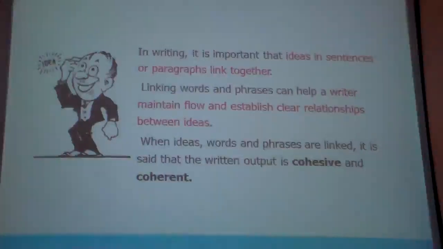In writing, it is important that ideas in sentences or paragraphs link together. Linking words and phrases can help a writer maintain flow and establish clear relationship between ideas. When ideas, words, and phrases are linked, it's said that the written output is cohesive and coherent.